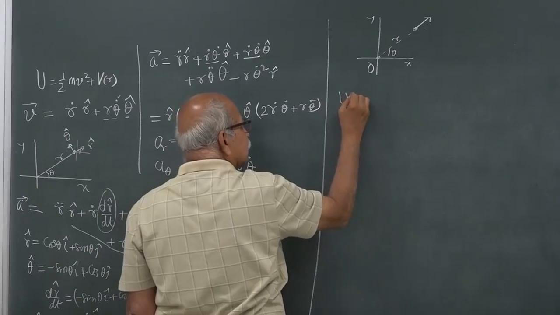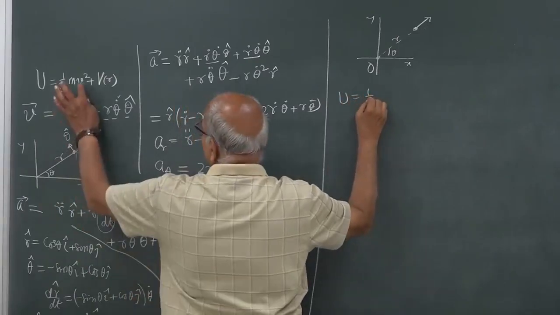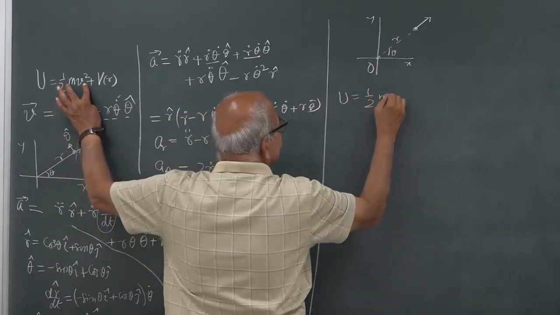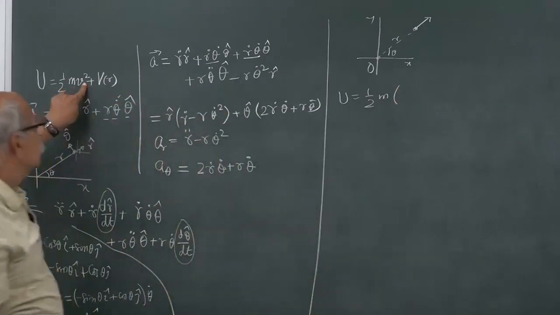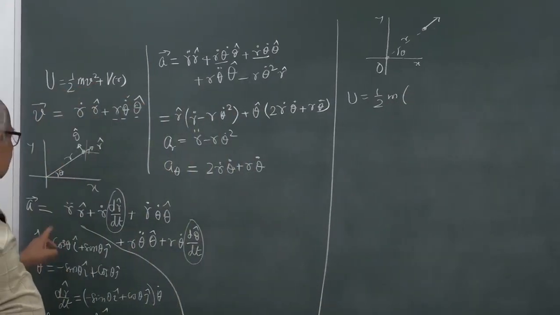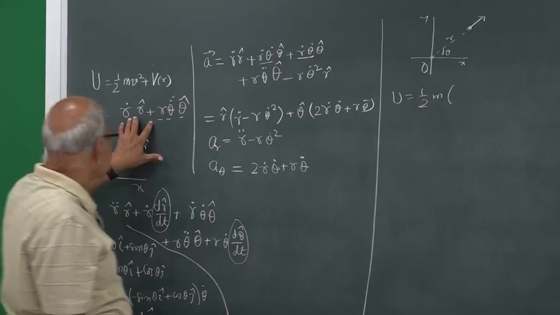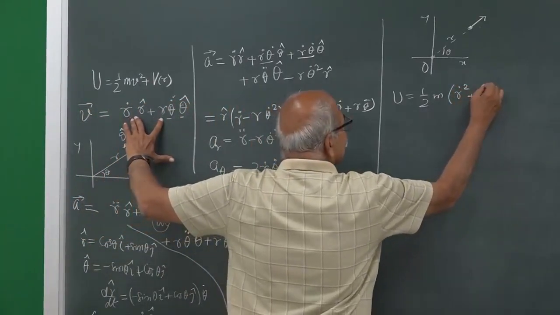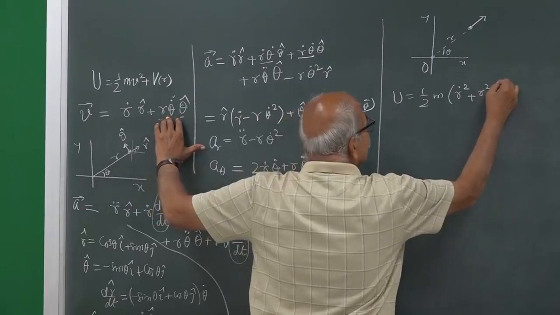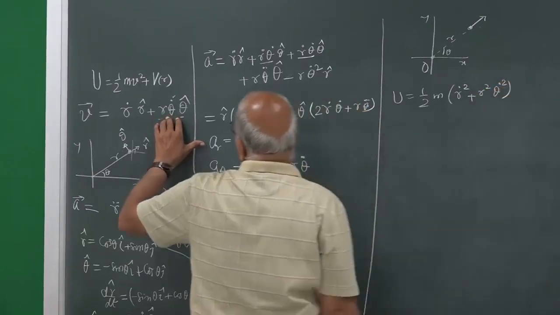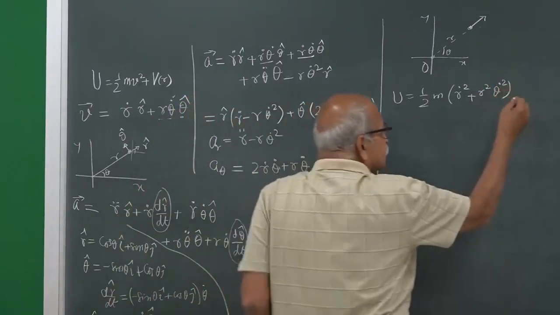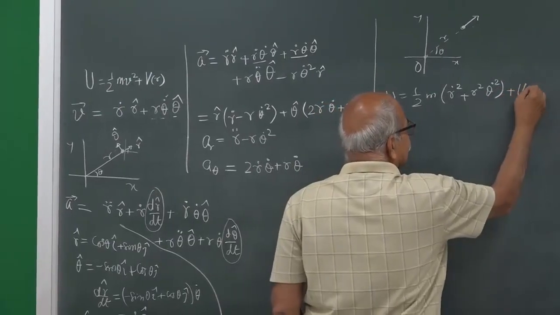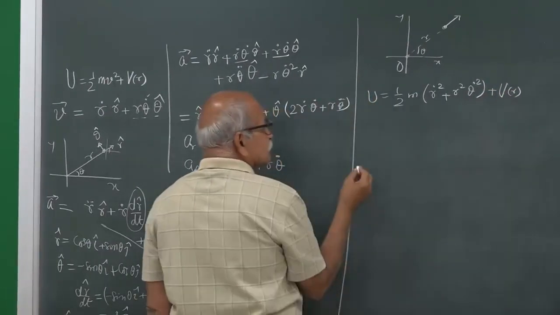So, energy is half m v square, and for v square, we write from here r dot square plus r square theta dot square. That is m v square, and plus what is the potential energy, V of r.